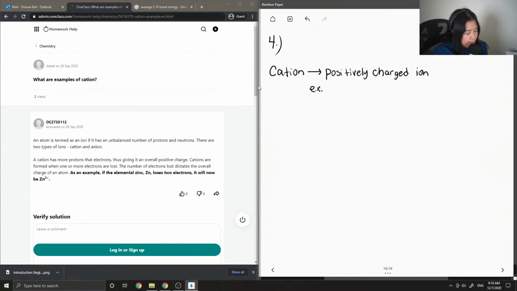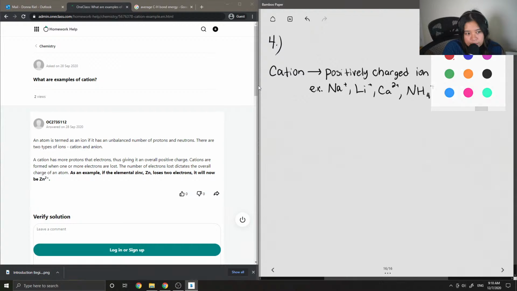So some examples of cations are like Na+, Li+, Ca2+, or even the ammonium ion, NH4+. So basically it has a positive charge.